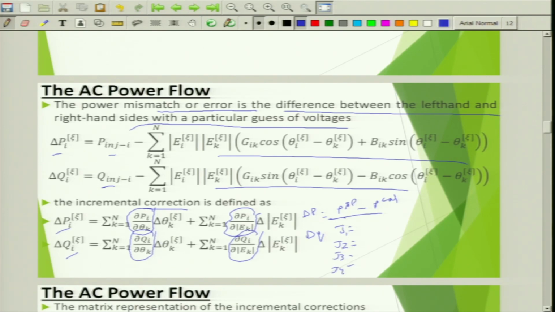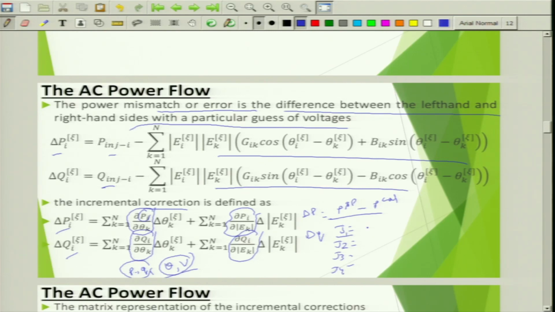These are nothing but the partial derivatives of each known, P and Q, with respect to theta and with respect to ek. Ultimately there are 4 variables: P, Q, theta, voltage. I have already told you which are known and which are unknown and need to be found out. So each known is expressed with respect to each unknown, partially differentiated.